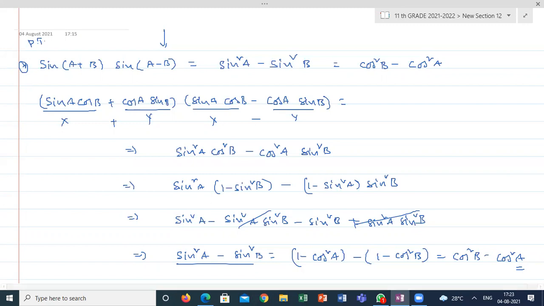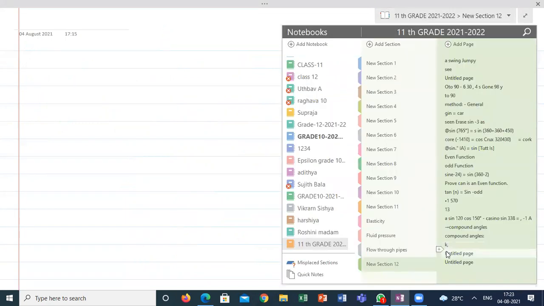Yes, sir. Same, one more application of these compound angle formulas we can see. What is the value of cos of a plus b into cos of a minus b?